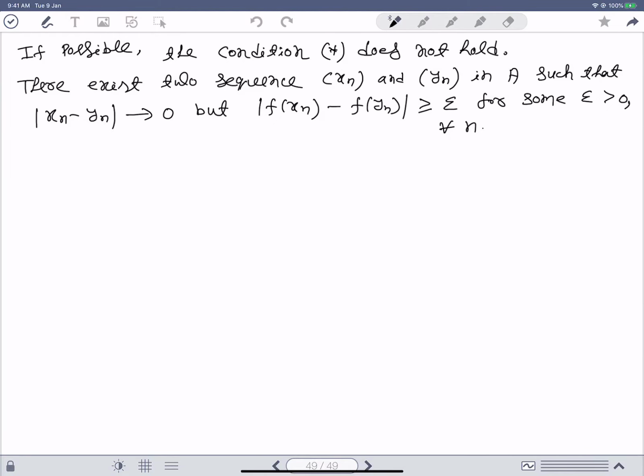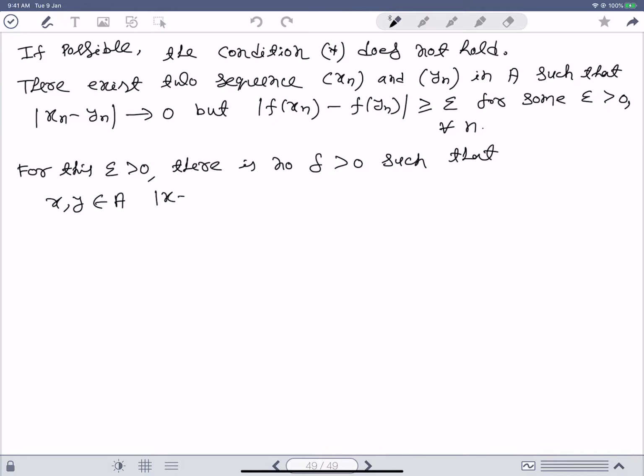Okay, now if we choose this epsilon, then for this epsilon bigger than 0 there is no delta bigger than 0 such that x, y in A with mod of x minus y less than delta will imply mod of f of x minus f of y less than epsilon.